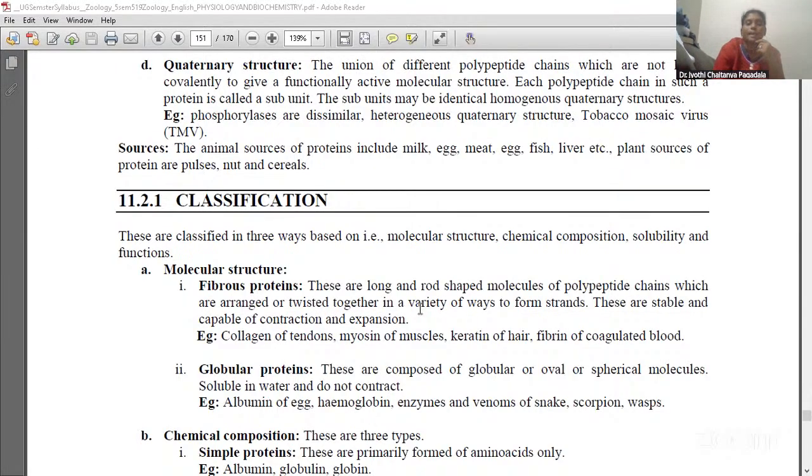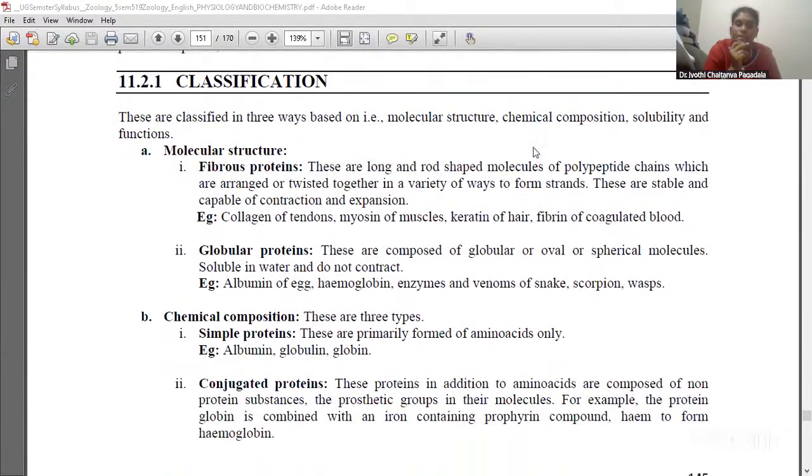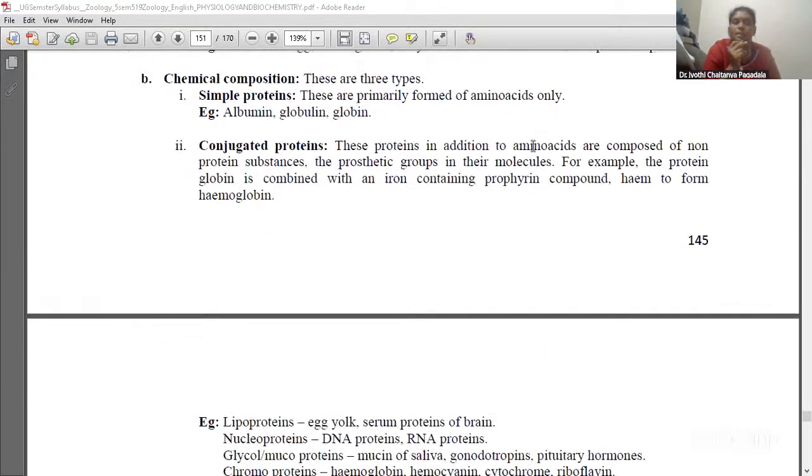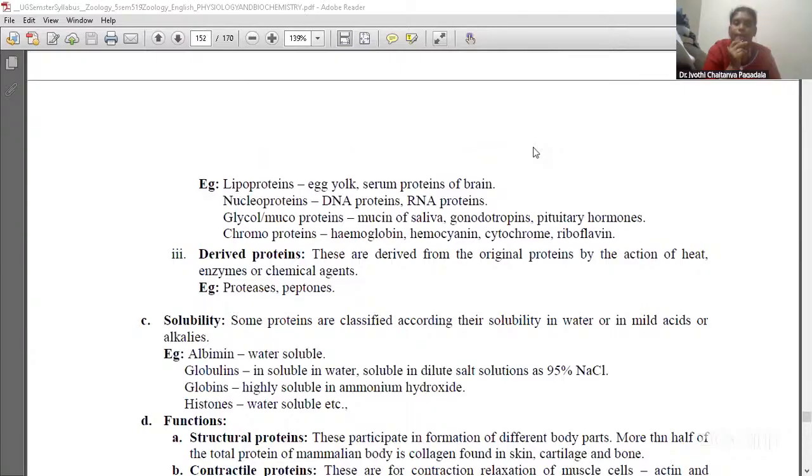Examples are albumin of the egg, hemoglobin, enzymes, snake venom, and the proteins present in scorpion venom, etc. Depending upon the chemical composition, proteins are of three types: simple protein, conjugated protein, and derived protein.